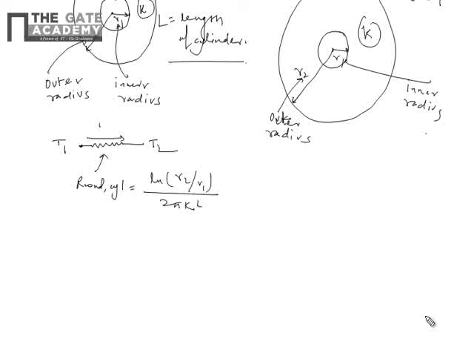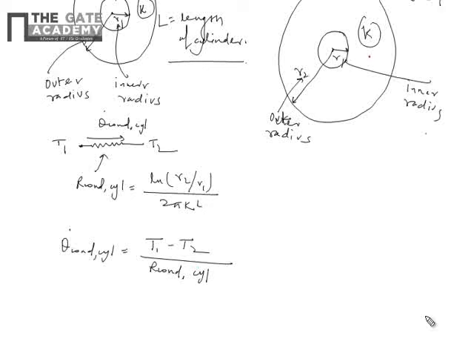Let us say this is Q dot conduction for a cylinder, then Q dot conduction for a cylinder is given as T1 minus T2 upon R conduction cylinder.